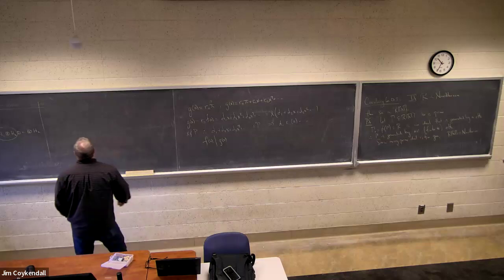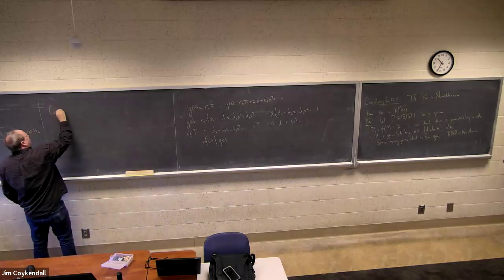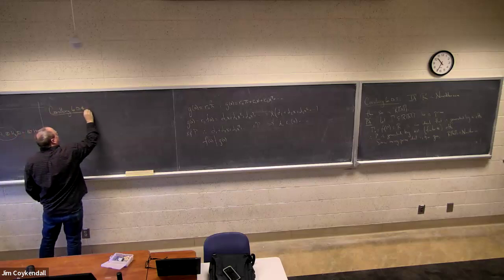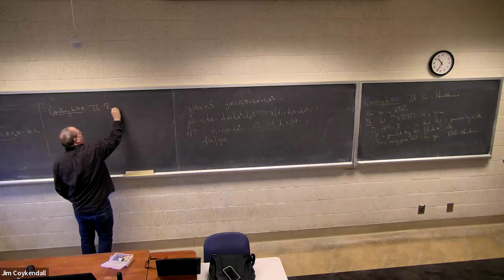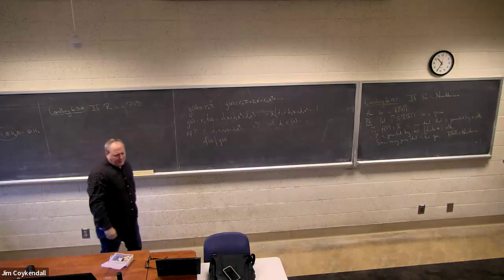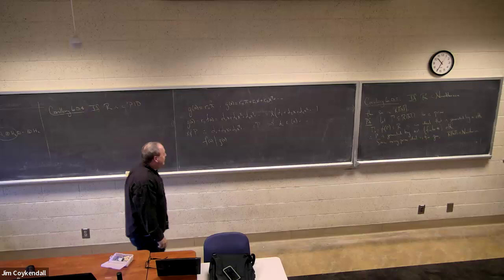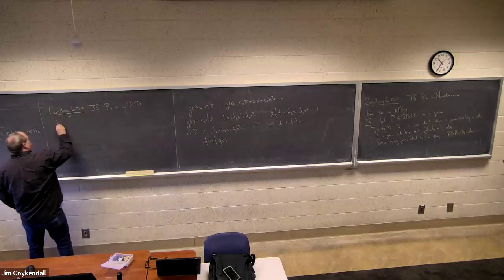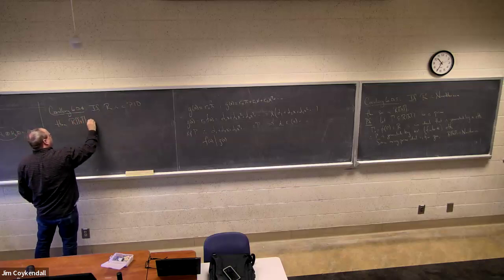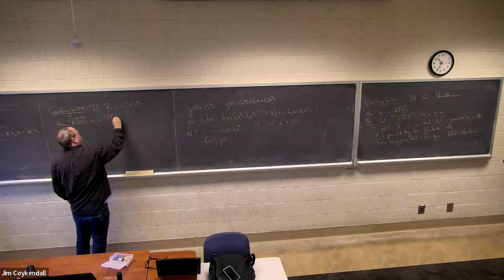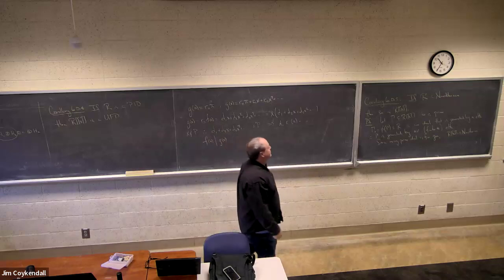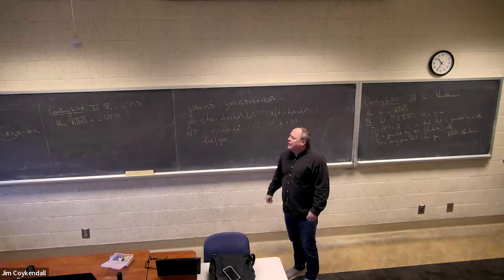Corollary 604. Here, R is a principal ideal domain. Then R power X is a UFD. This one's rather interesting.